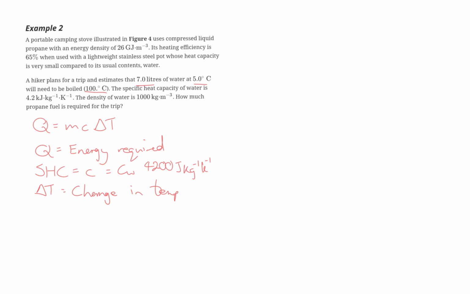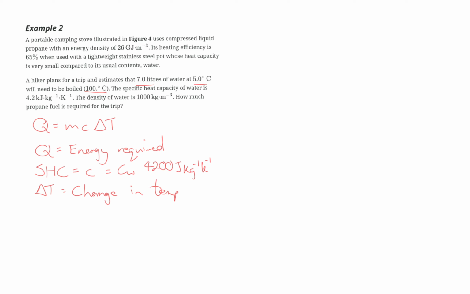Now what we need to know first of all is, what does this formula really do? Well, this formula tells us how much energy we're going to need to increase the temperature of a certain mass of an object by however many degrees Celsius.